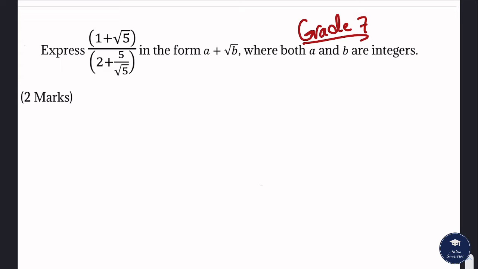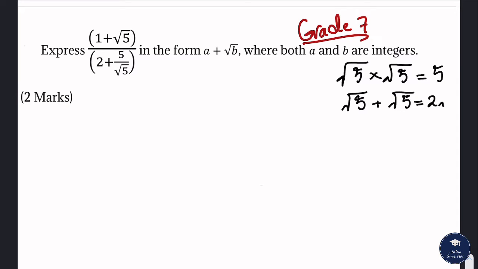Now, let's recap some surds rules. We know that square root 5 times square root 5 is 5. Well done. And we know square root 5 add square root 5 is 2 square root 5. Well done.